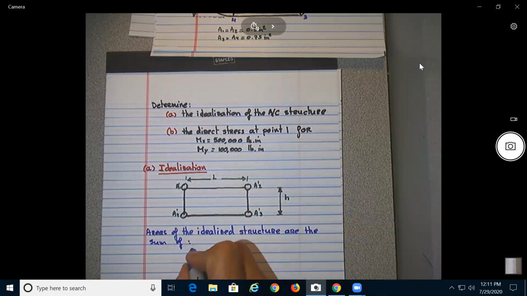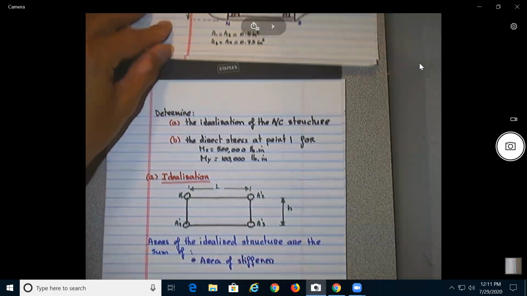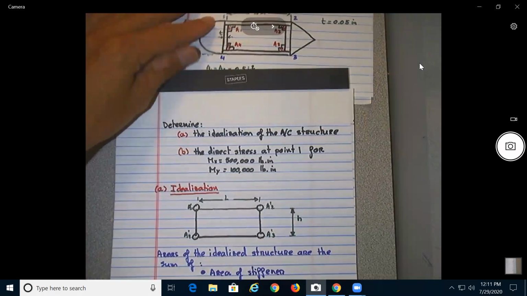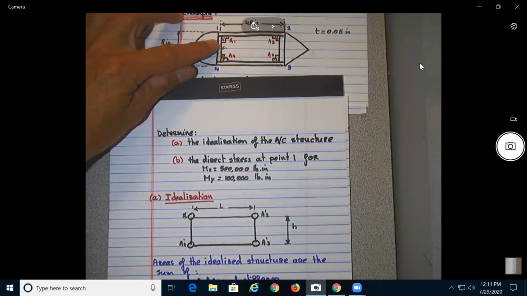So we just say here, one will be area of, let's say, stiffener. So in this case, if we look at the figure, what would that be? If we do A prime 1, will be A1, no? Okay, so it will be A1 plus the area of the vertical members.